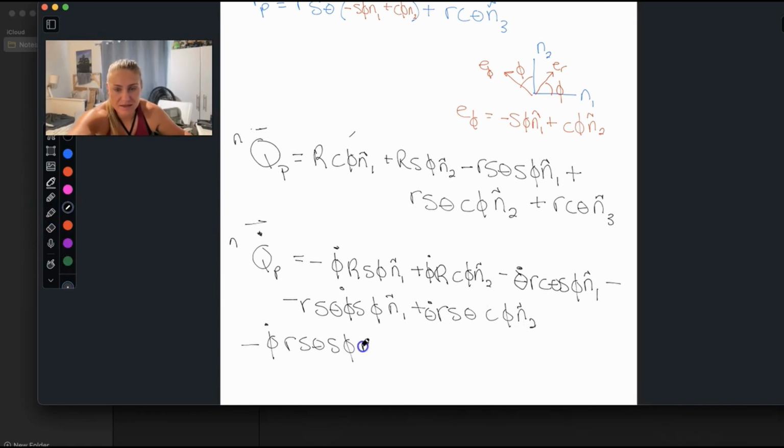And that's in the N2 direction, minus, because that's going to be theta dot sine theta, there's an R and an N3.